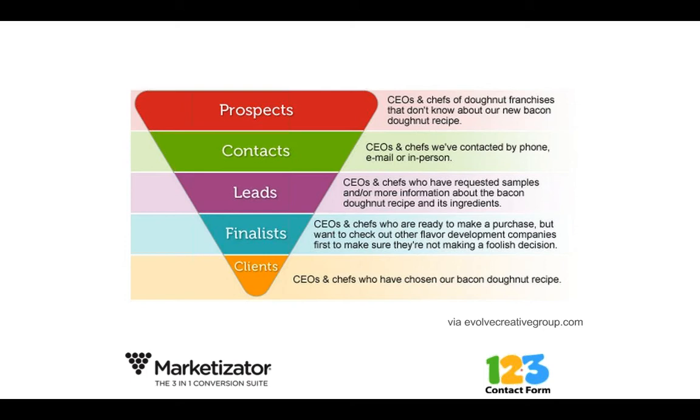Another point in the process then comes the finalist stage, where those CEOs and chefs, the previous prospects, are now ready to make the purchase, but still have a small hindrance in their way because they probably want to check out other flavors or just think some more about it.